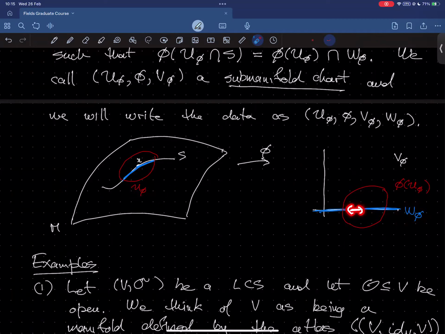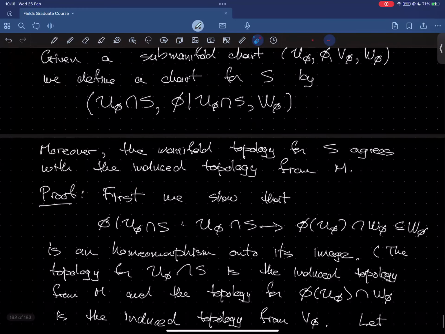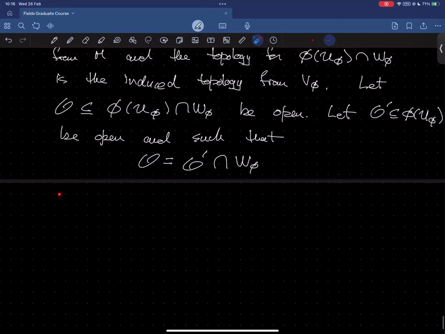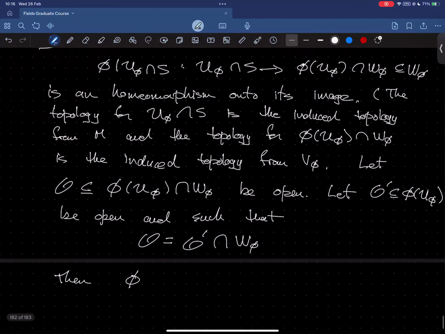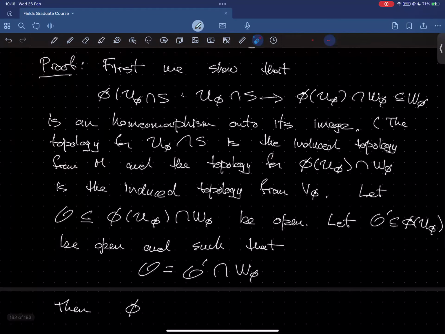Then I'm saying choose an open subset of V phi, and I'm going to choose it small enough so that it's contained in here, whose intersection with W phi is O. Okay, so O prime will be some bigger thing here, and O will be an open subset of W phi. Okay, so that's what's going on there. So again, it's just super duper tedious notation.